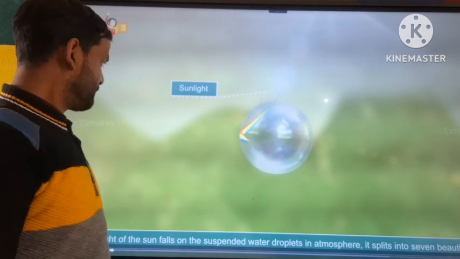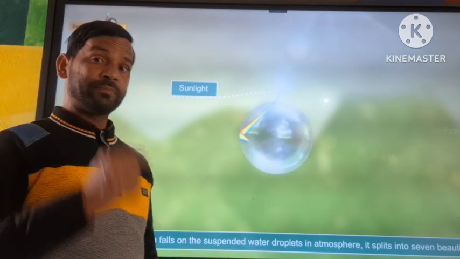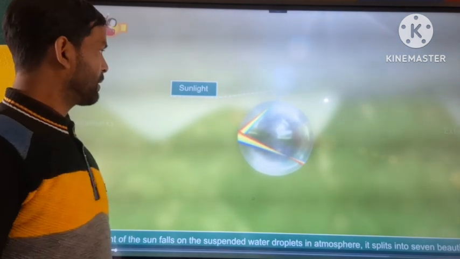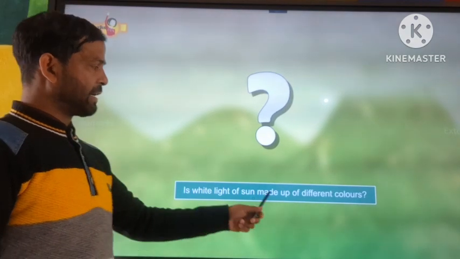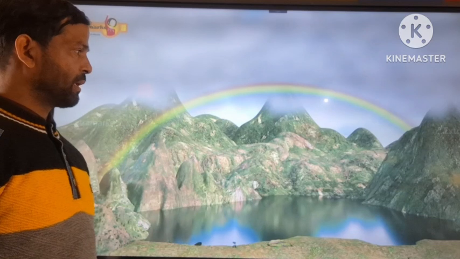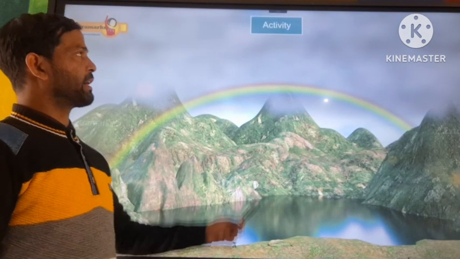You can see the splitting of light. But is white light of the sun made up of different colors? Yes, exactly. Let's understand by an activity.